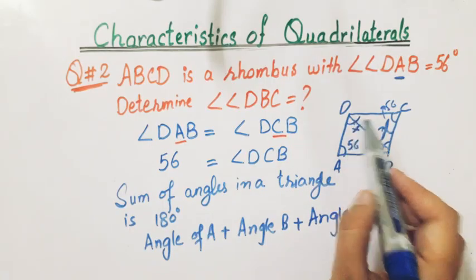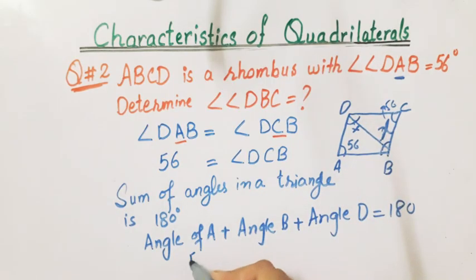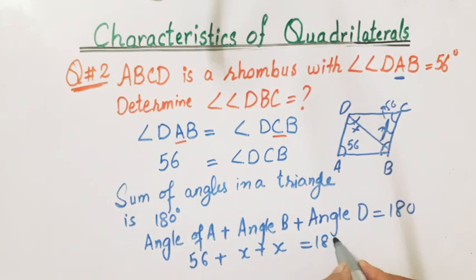This is 56, this is X and this is X. So write this as 56 plus 2X equals 180 degrees. So 56 is added here, it will be subtracted. So 180 minus 56 will be 124.